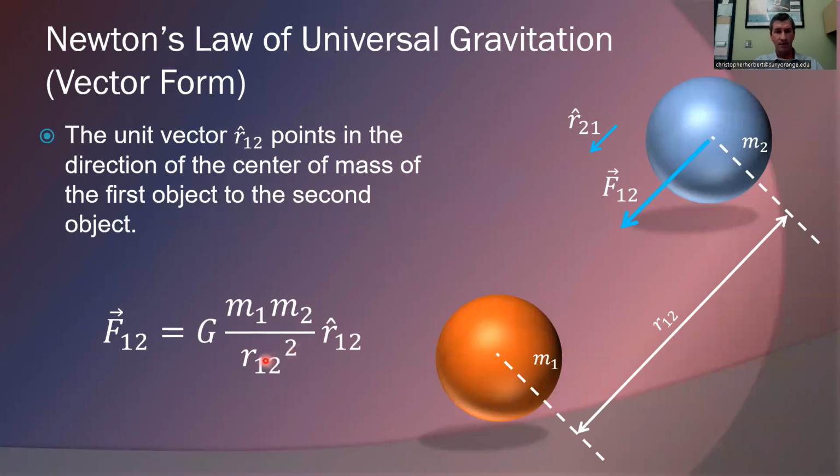So that's 10 to the minus 2. 10 to the minus 2 squared is 10 to the minus 4. Let's say that the two masses are 1 kilogram each, just to keep everything fairly easy to calculate. And we have 10 to the minus 11 divided by 10 to the minus 4, roughly. We're doing an order of magnitude approximation here. And our force is still less than a micronewton between these two objects.